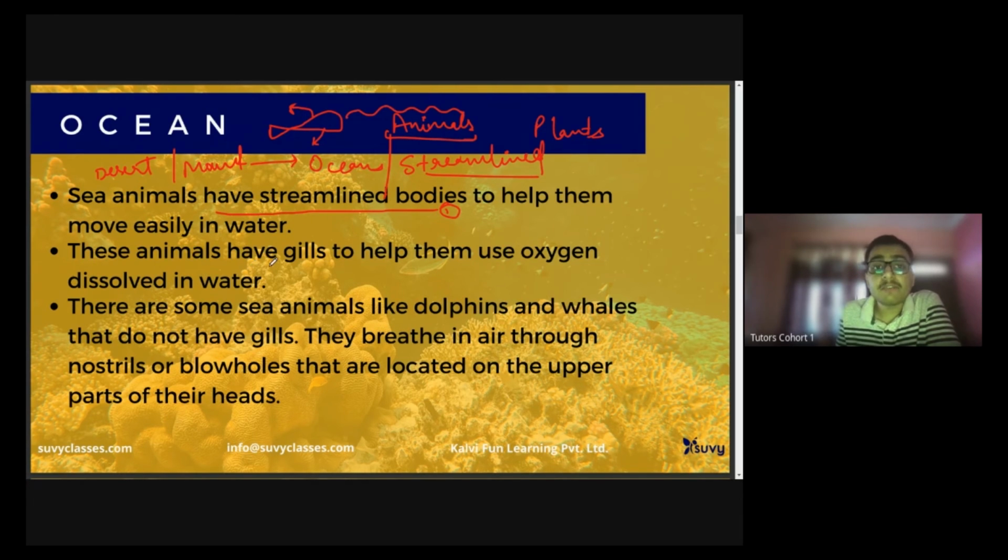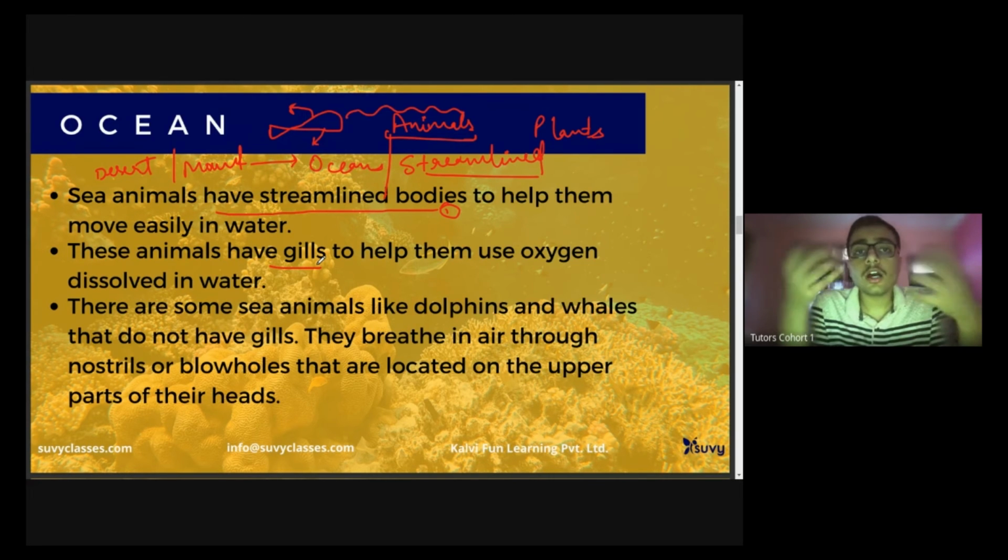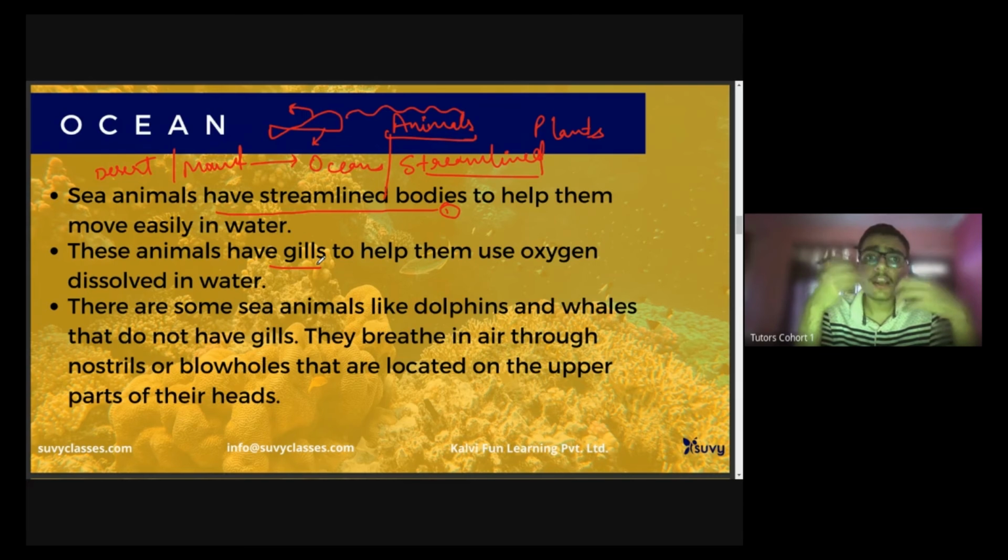These animals have gills, right? We live on land, we breathe air, and that air is used by our body via lungs. We call that process respiration. So the animals that live on ground respire through lungs. But if I go to water, I cannot breathe there. Animals living there, like fishes, cannot breathe directly from water.